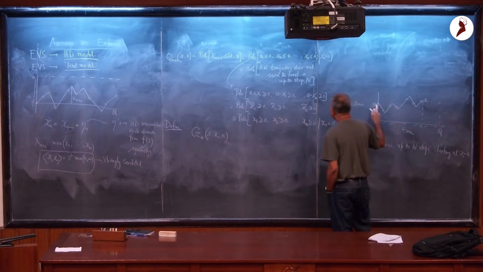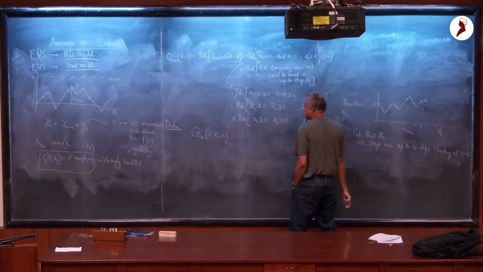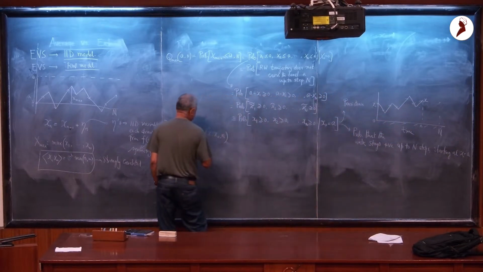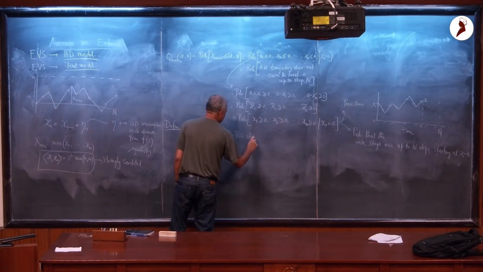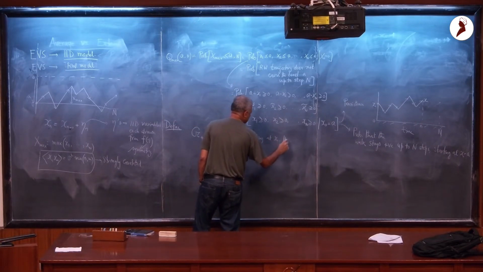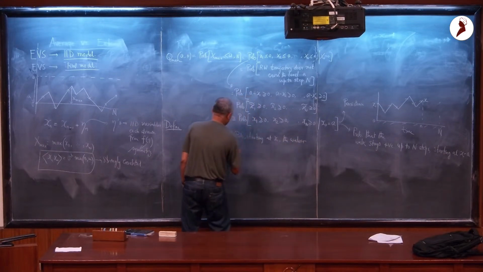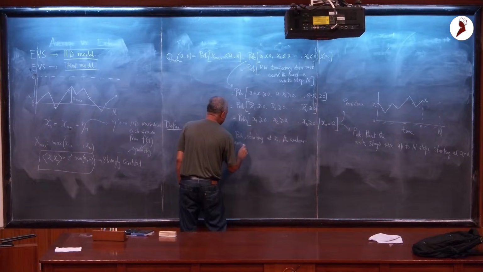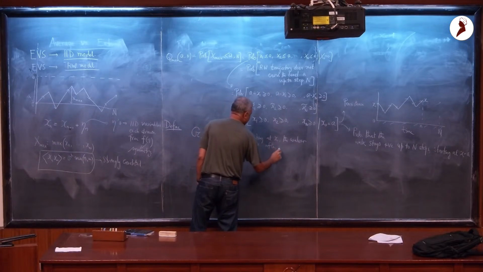So what is the probability that, starting at x0, I arrive at x after n steps? This is the probability density, so it's this times dx.